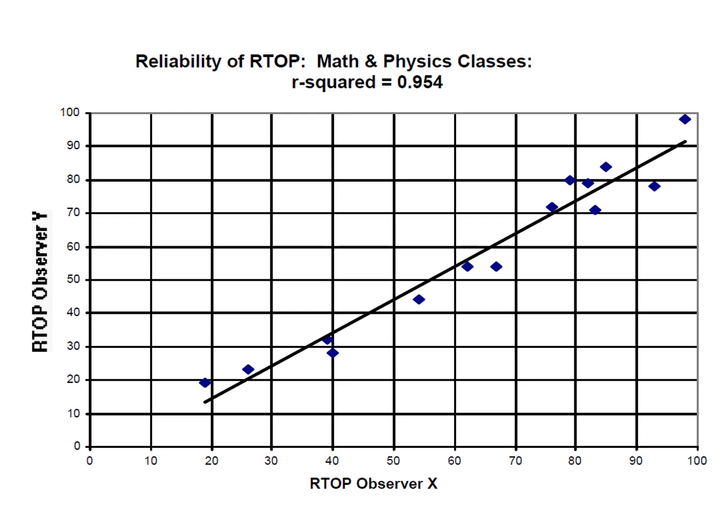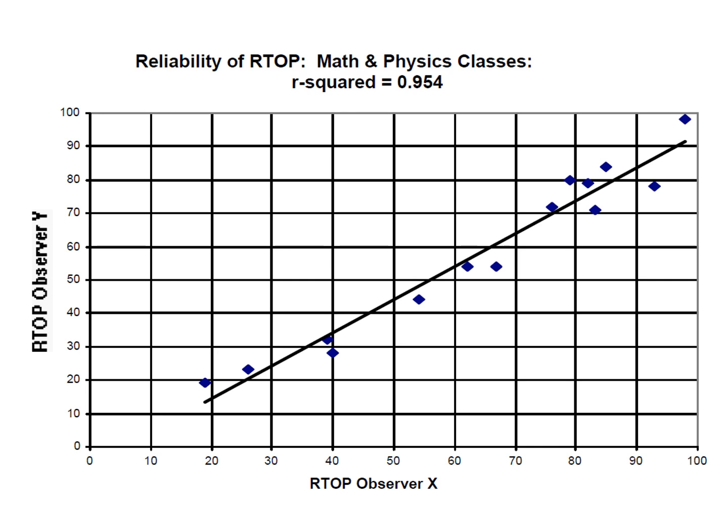Here is a graph that depicts one observer on the left, observer Y, going up the Y-axis, using a checklist, an observation protocol, a teacher observation protocol. In this case, it's the Revised Teacher Observation Protocol, or RTOP. They're observing a teacher working with math and physics classes, and they're using this protocol.